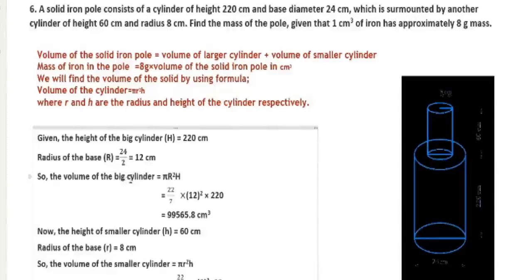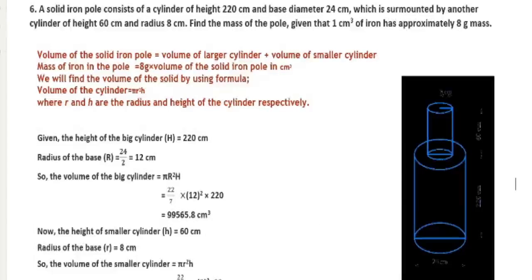So the volume of the big cylinder is equal to pi R square H. For the big cylinder we are using capital R and capital H. And simplify it, 22 by 7 into 12 square into 220. So you will get 99565.8 centimeter cube. This is the volume of the big cylinder.